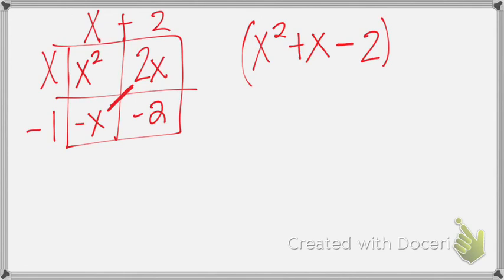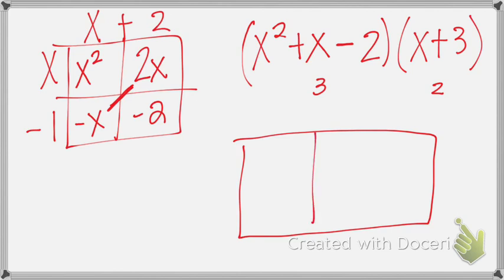And then we're going to take that and multiply by x plus 3. Up until now, we've had a 2 by 2, because we've had 2 terms in the first parentheses and 2 terms in the last parentheses. However, in the first parentheses, how many terms do we have? 3. And how many on the last one? 2. So now we need to make a box that's a 3 by 2.